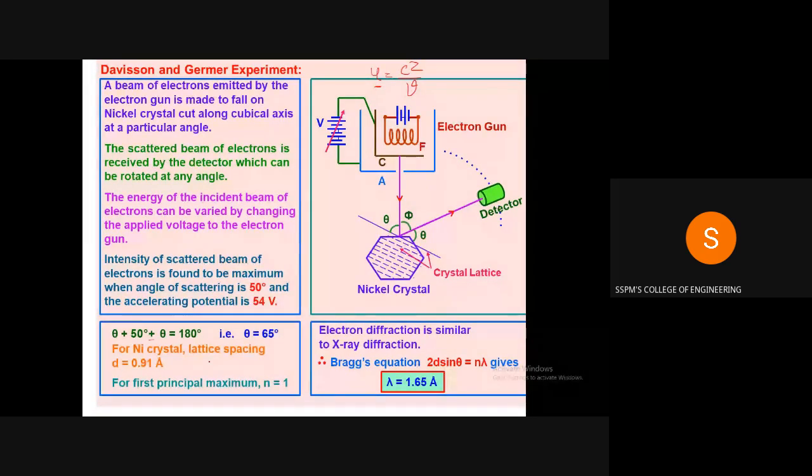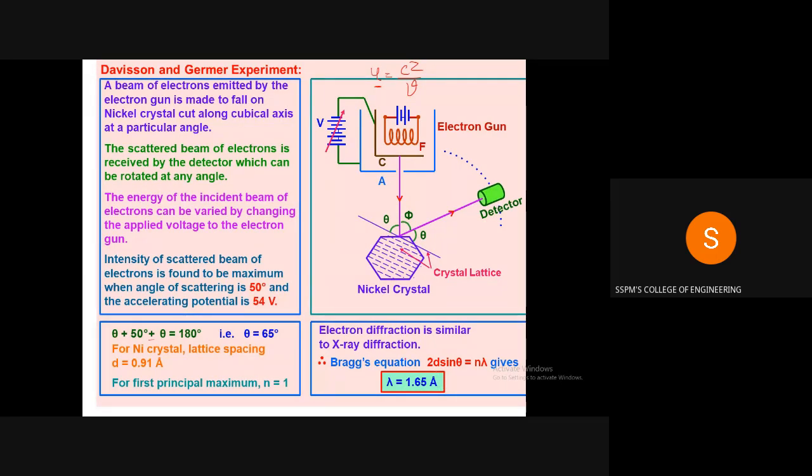For the nickel crystal, the lattice spacing d equals 0.91 Angstrom. And for the first order spectrum, for n equals 1, the electron diffraction condition is to be followed, which is given by Bragg's equation. Bragg's equation says that 2d sin theta equals n lambda, and that gives you lambda equals 1.65 Angstrom.